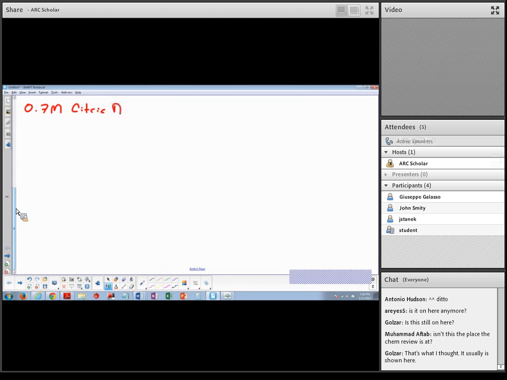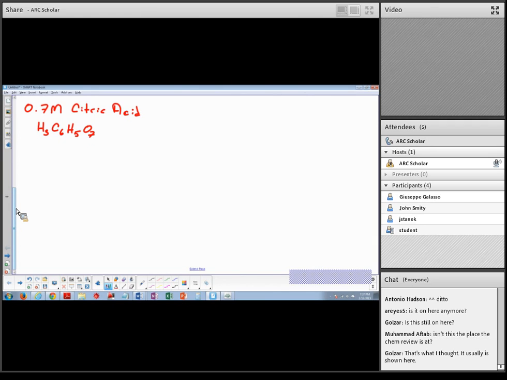The formula for that is H3C6H5O7. I'm not going to draw the whole structure for you guys. So what we need to do is calculate the concentration of all the ions in solution as well as the solution's pH.